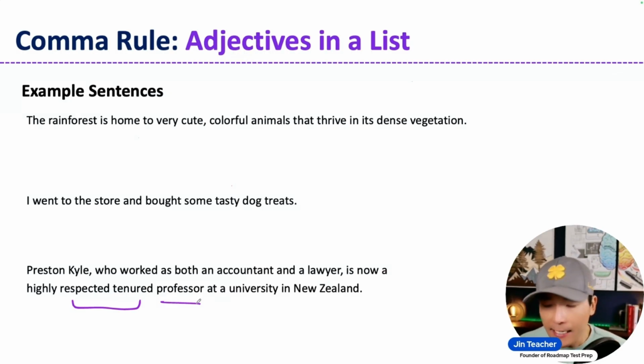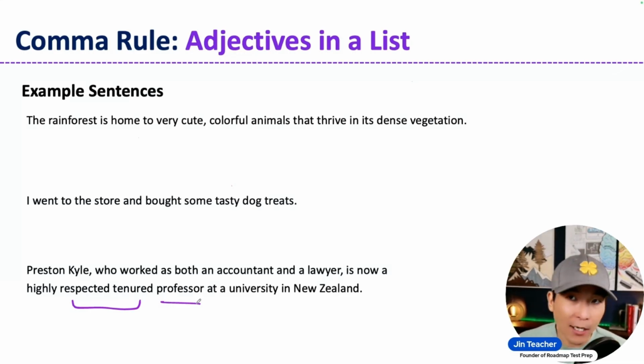And here's the thing. If you reverse the order of the adjectives and it makes sense, then you do put a comma between the two adjectives. But if you reverse the order of the adjectives and it doesn't make sense when you read it out loud, then you do not put a comma between the adjectives, okay?